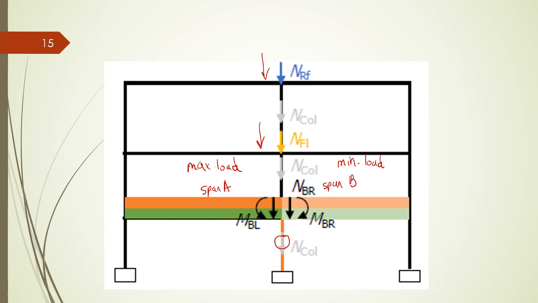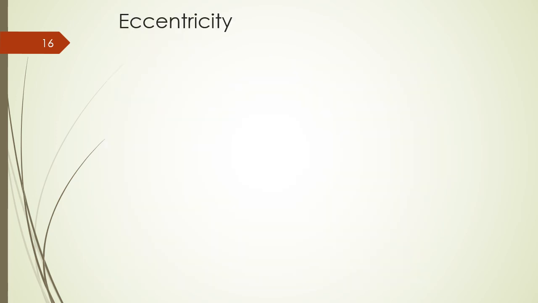So this scenario is the one which we will use to design that column. When we do this combination of maximum load on one span and minimum on the other, that gives us the highest moment. So this, of course, is a function of balance.